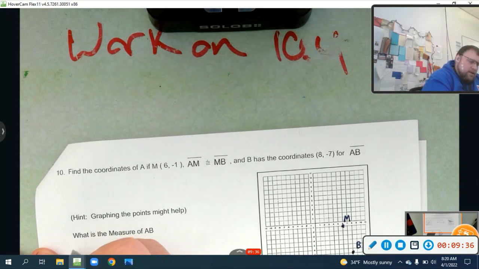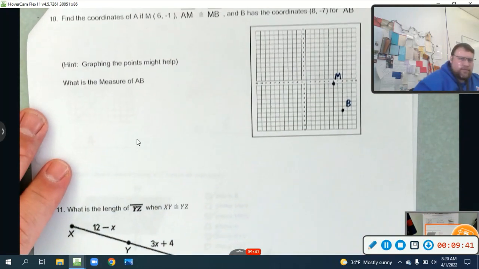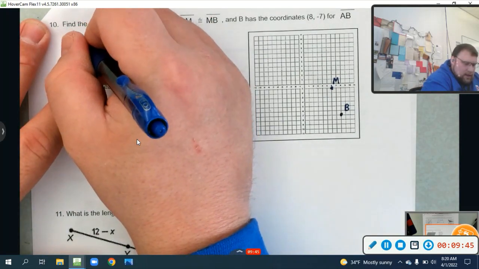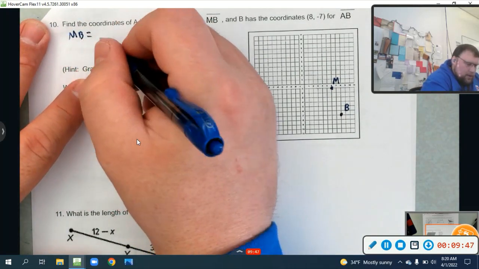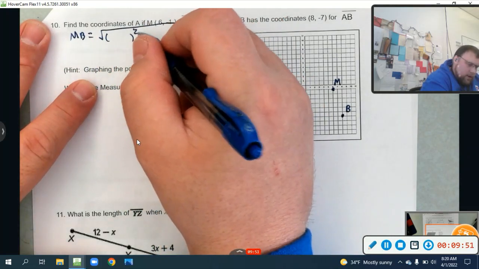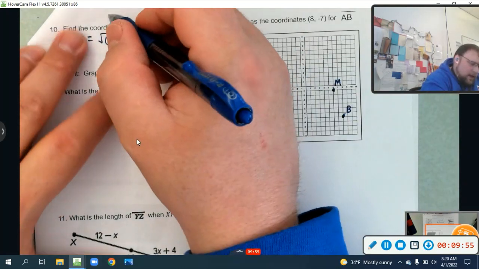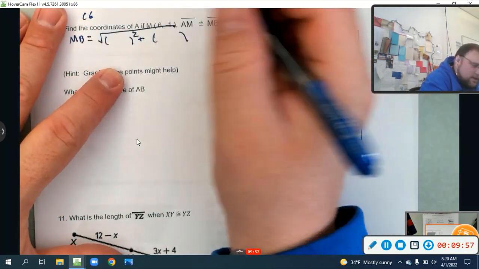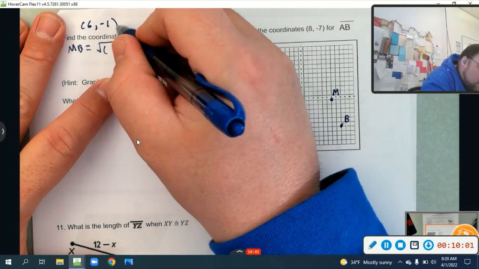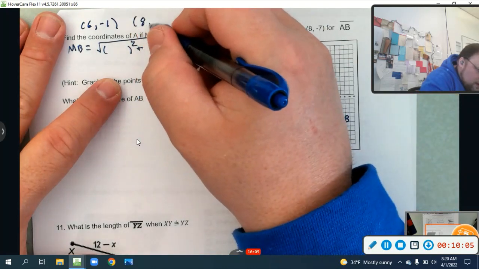So I gotta move the screen up though, don't I? Let's see. MB equals the square root, right? We're just gonna do the differences squared plus, and since that is 6, 1, is that a negative 1? Yeah, (6, -1) to (8, -7), right?